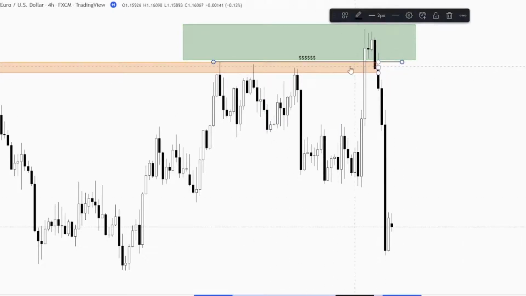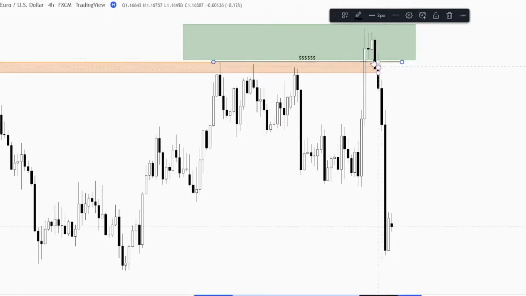But right here, when the market broke this area here and closed this candle above, we have other traders who are breakout traders who took positions here, saying that the market is now going up because it broke this area of strong resistance. Right now, after taking that position here, their stop losses will be placed somewhere below this line, and after placing their stop losses, they will expect the market to go up.